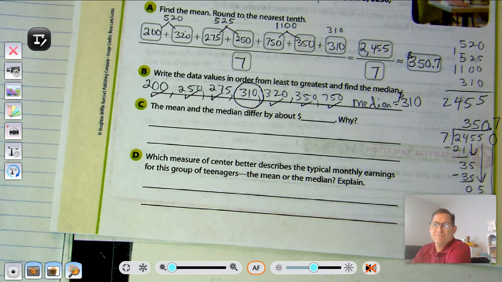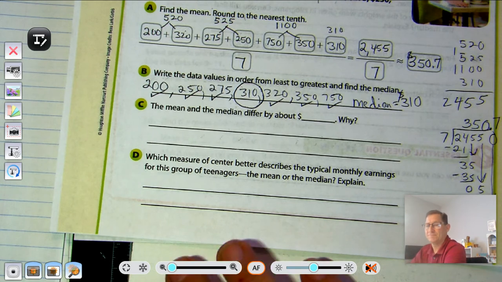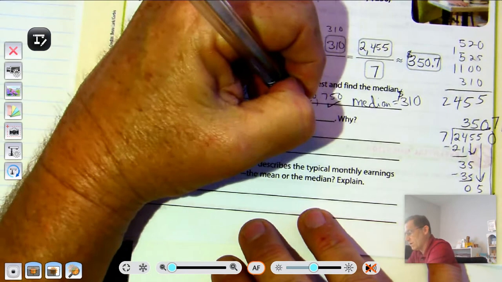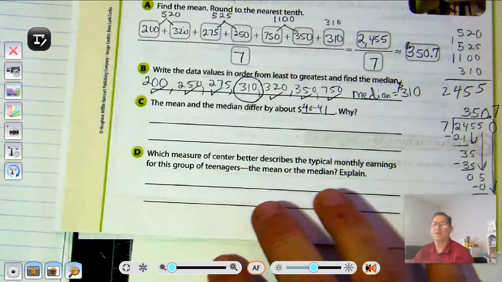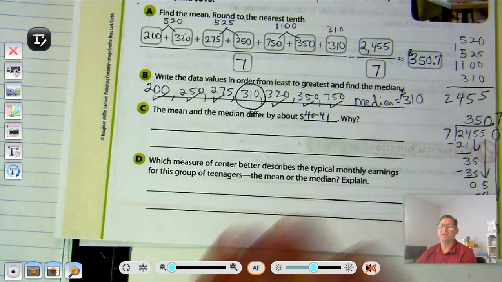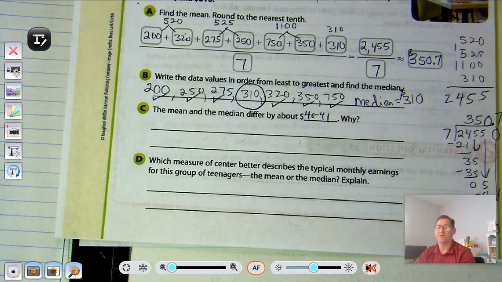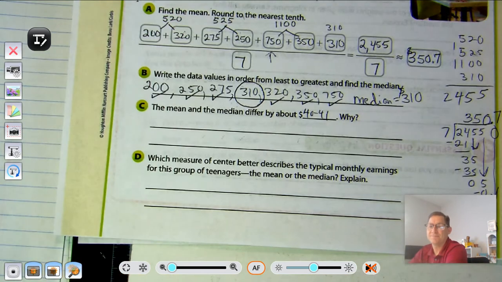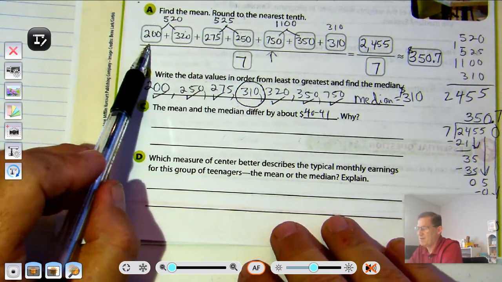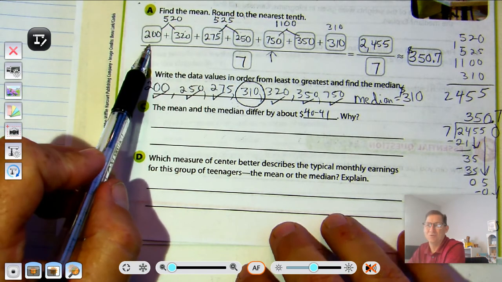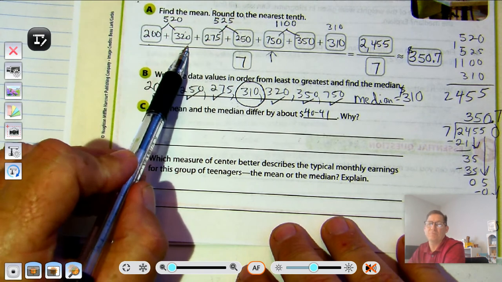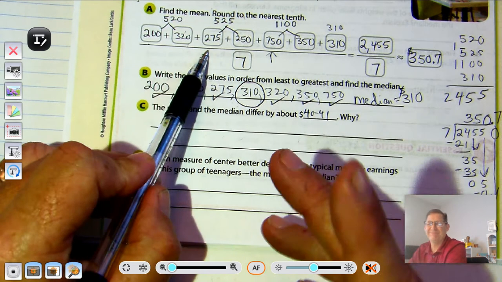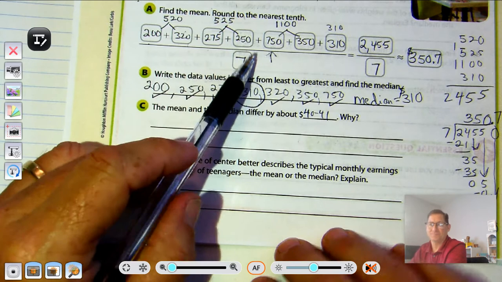So the mean and the median differ by about 40 to $41. Why is there such a big difference between those two values? Well, it has to be the 750. Okay, when you look at 350, right? Well, 200, that's kind of low, right? 320, that's right around there. 275, okay. 250s, all right.